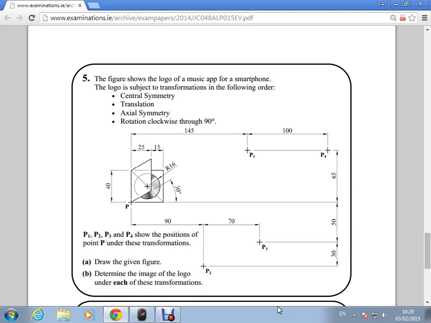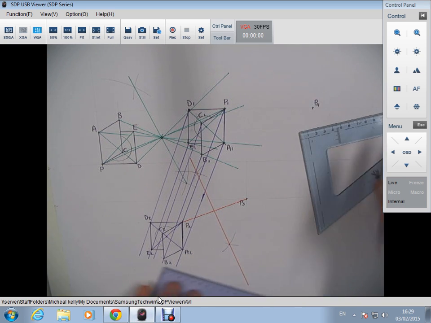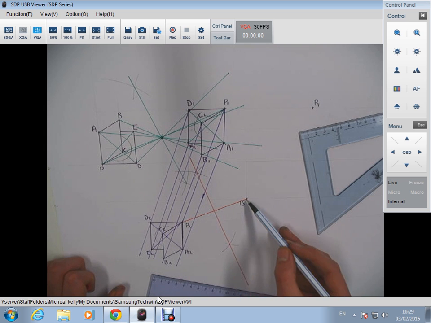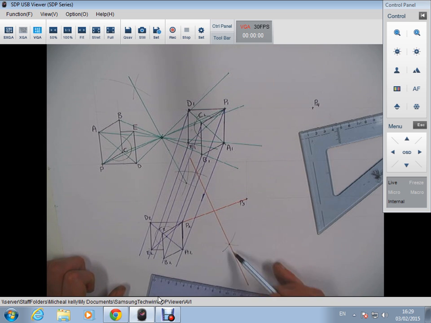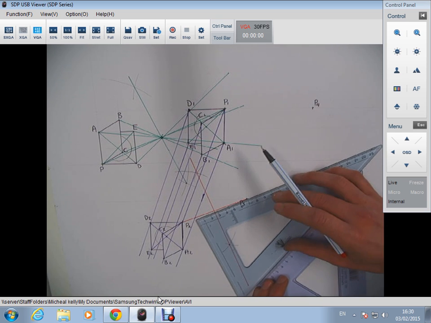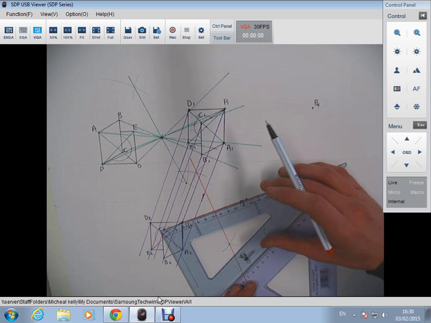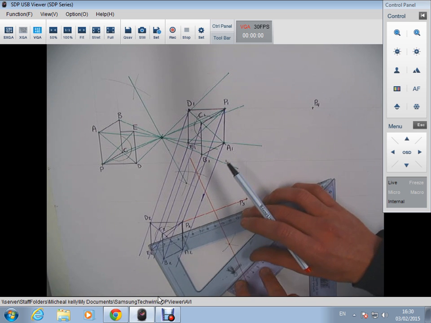So every point will move 90 degrees to that line of symmetry, using my two set squares. I joined points P2 to P3, I bisected the line, and that line of symmetry is 90 degrees to P2 P3. So I'm going to take my lines parallel across.